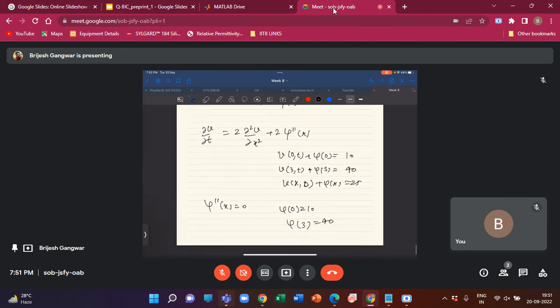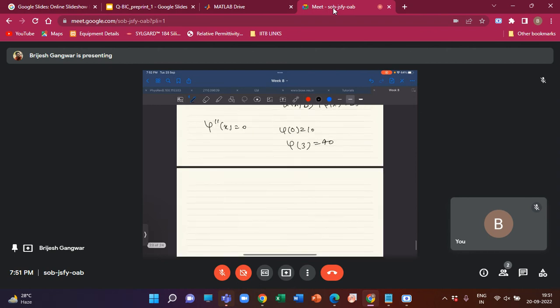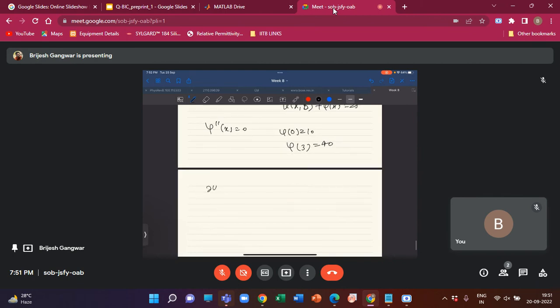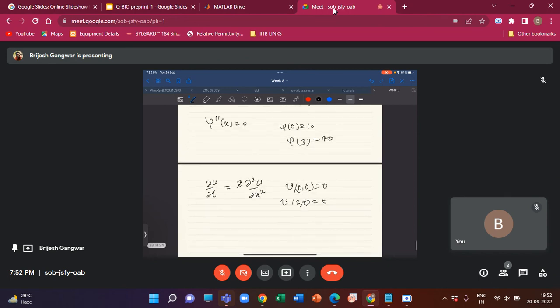So if you will find this psi, then you can easily solve del v over del t equal to 2 del square v over del x square. This will become v(0, t) equal to 0 and v(3, t) equal to 0, and this 40 and this will go out. So and v(x, 0) will be 15 minus 10x.